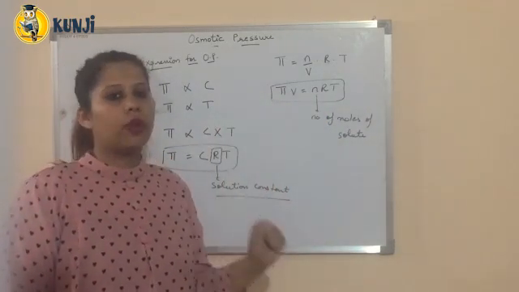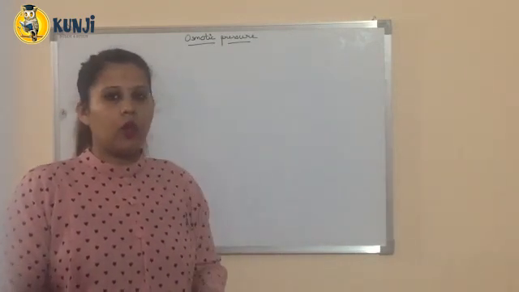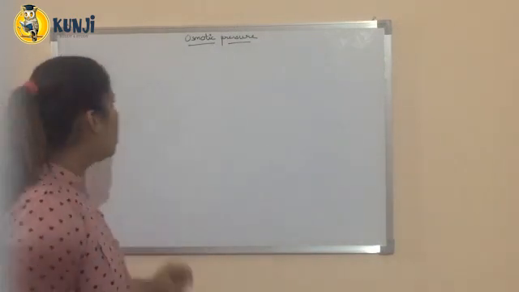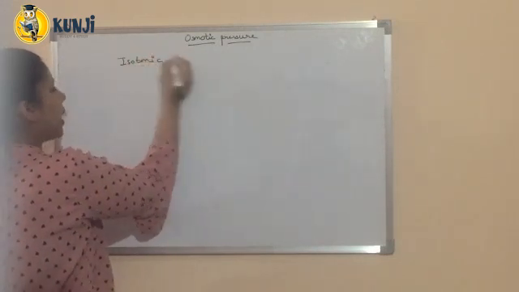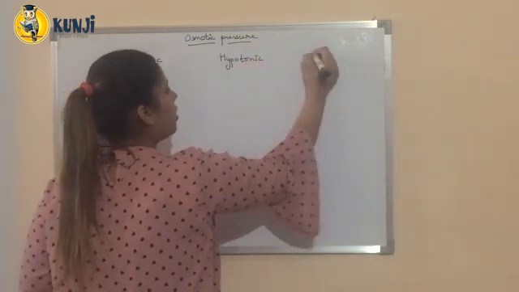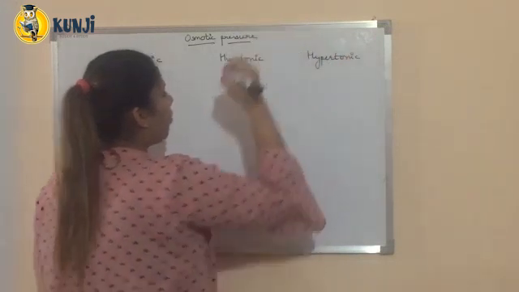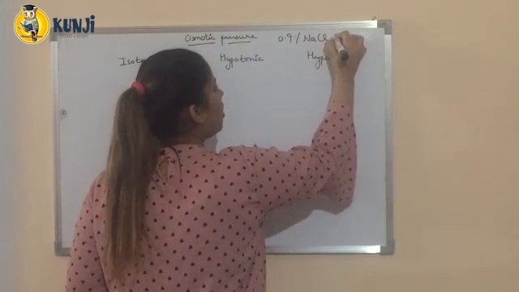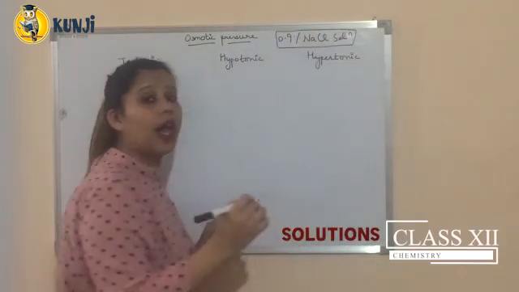Hence it is a colligative property. Now with the help of osmotic pressure, we will define three terms, which are also the biological importance of osmotic pressure. The first term is isotonic, the second is hypotonic, and the third is hypertonic. A 0.9% NaCl solution is equivalent to the concentration inside our blood plasma.